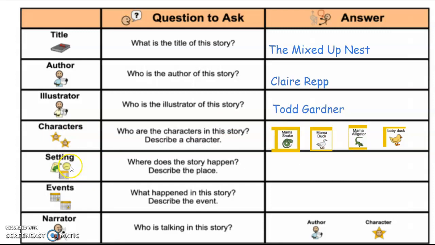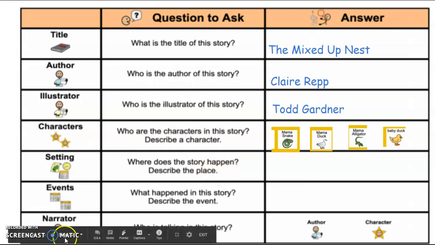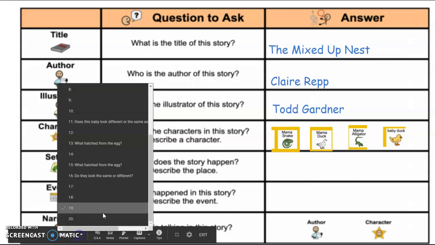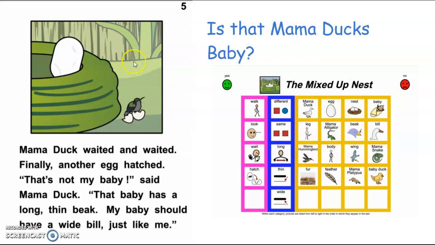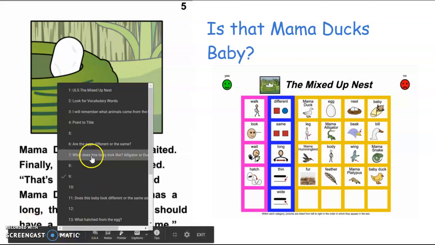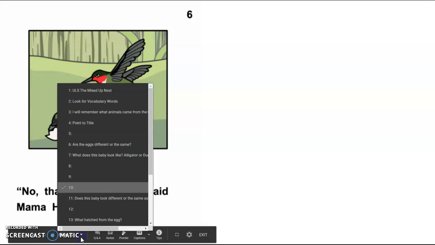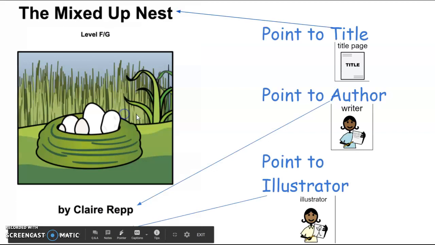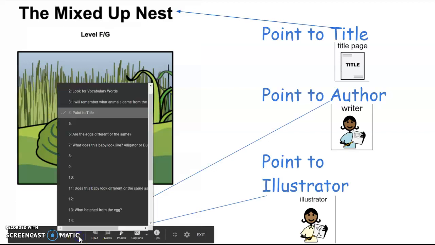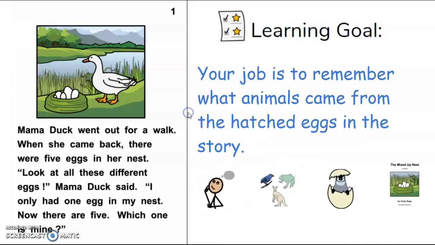Now, the setting of the story. The setting is where the story took place. If you look back at the pictures in the story, you can tell what the setting is. Let's look at the title page. And we can also look, so what does this look like?